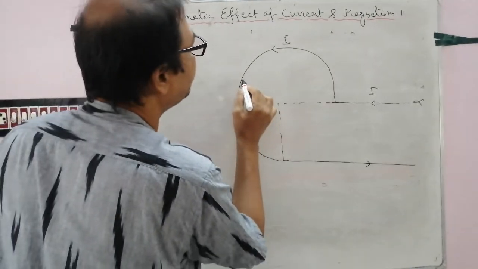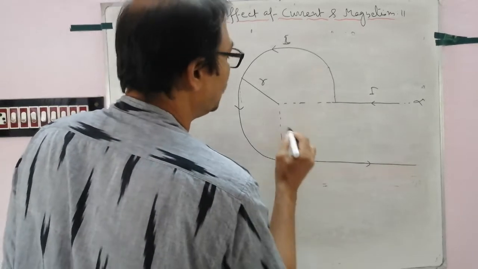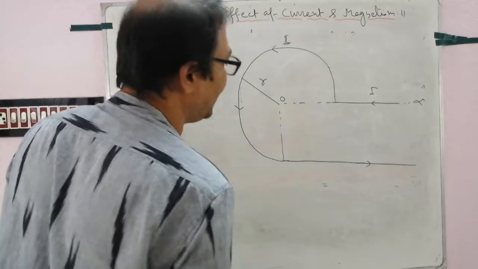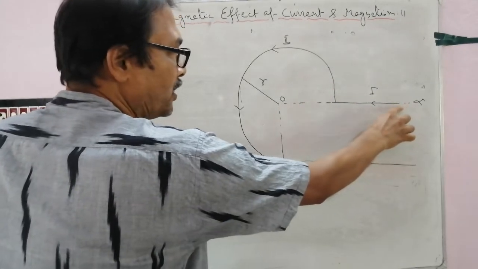This is the radius R. So find out the magnetic field at the center. Follow, the point is on this wire.